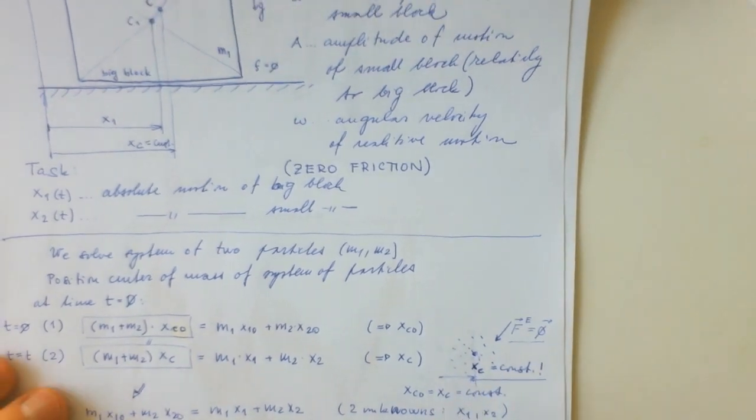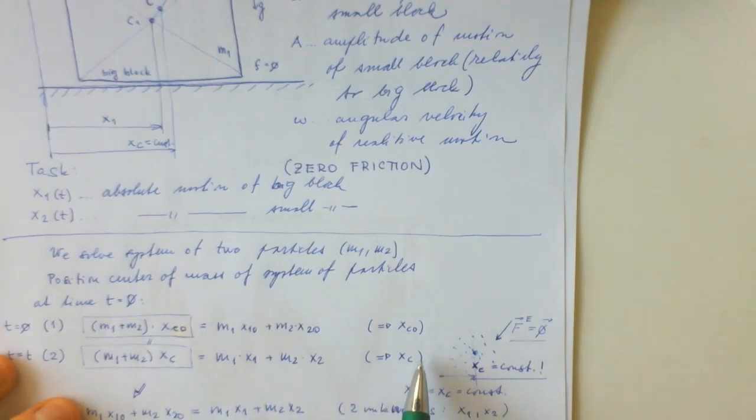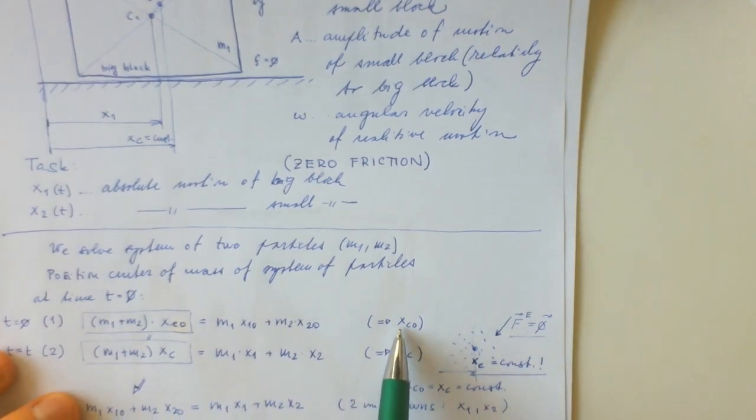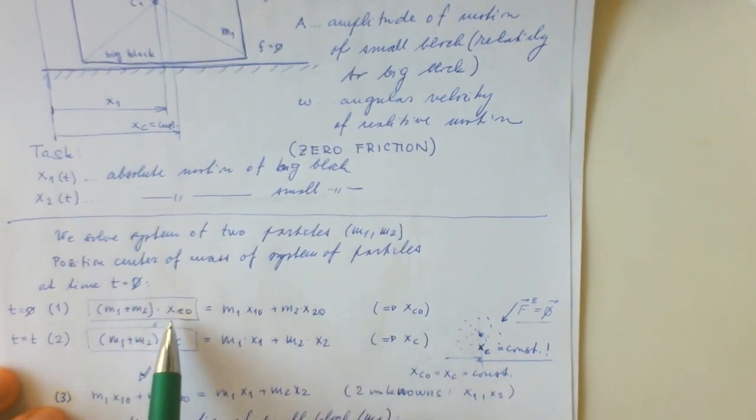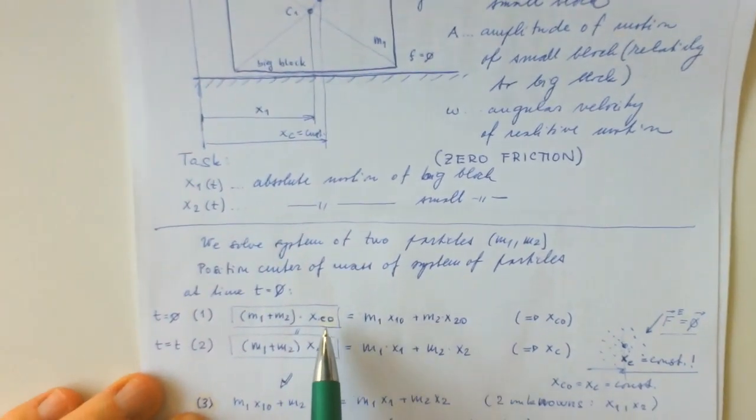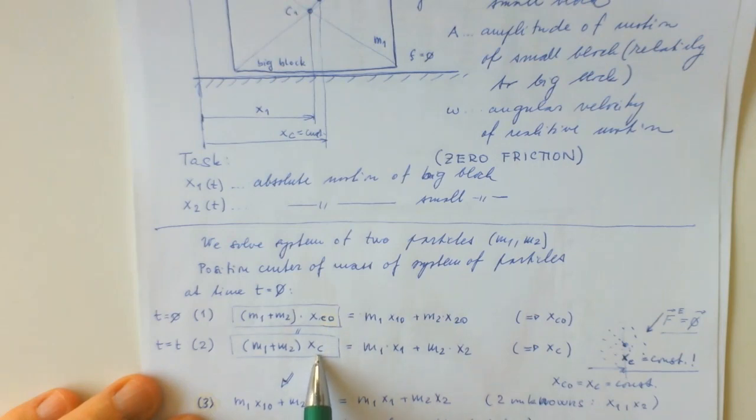So we can apply it, and we can conclude that xc0 is xc. If xc0 is equal to xc, then this left side of the equation is equal to the left side of the other equation.